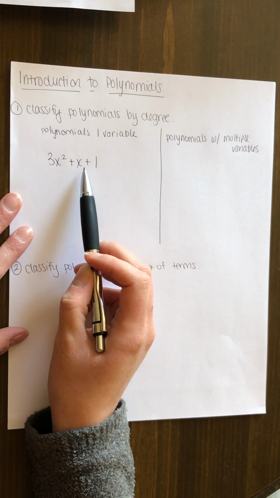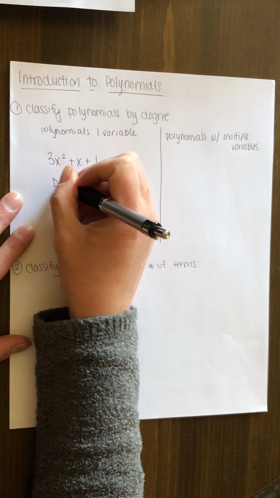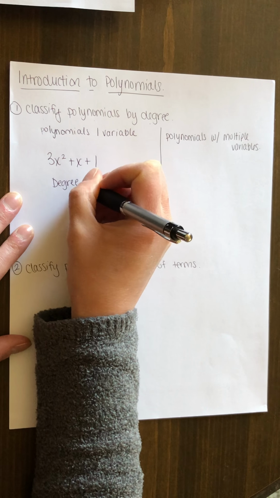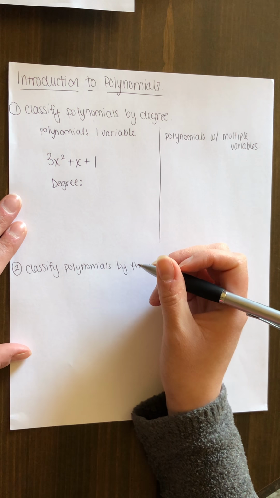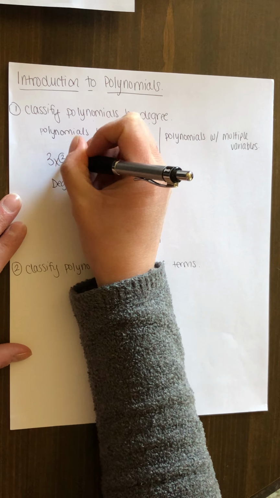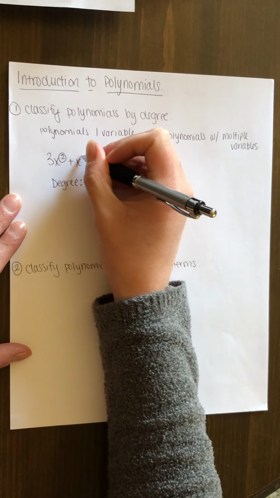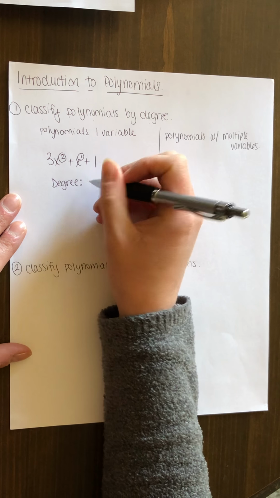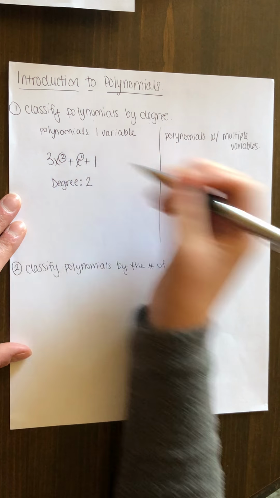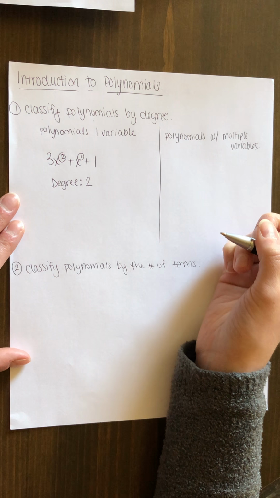In something like this, the degree is going to be the highest exponent of the one variable you're seeing. So this X has an exponent of 2. This X has an exponent of 1. So the degree of this polynomial would be 2 because 2 is the highest number.